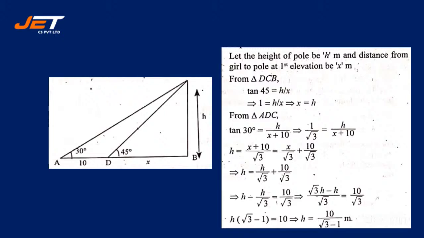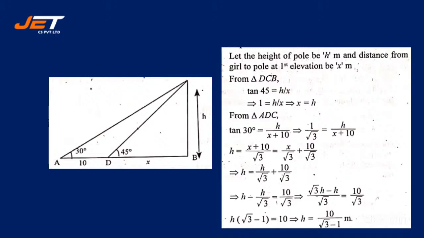So we are assuming the height of the pole be h meter. Clear? And the distance from the girl to the pole, when there is the first elevation, we are assuming that to be x. Clear? So it is opposite side by adjacent side, that is h by x. What is opposite side by adjacent side? Of course, it is tan theta. And the question says it is 45, means tan 45. So tan 45 is 1, which means h by x is equal to 1, which means x is equal to h. All right. Now what is she doing? She's going a little further, right?